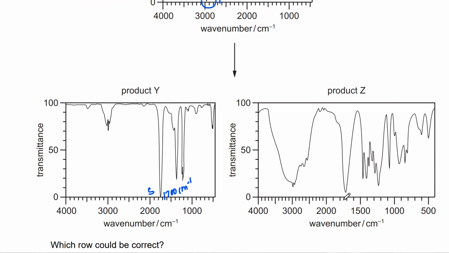There's another one over here, also around 1700 wave number that's getting absorbed, and that's strong. Now this one is broad, somewhere up till 3500, somewhere between 3000 and 3500. In this range, there's this strong and broad absorption.